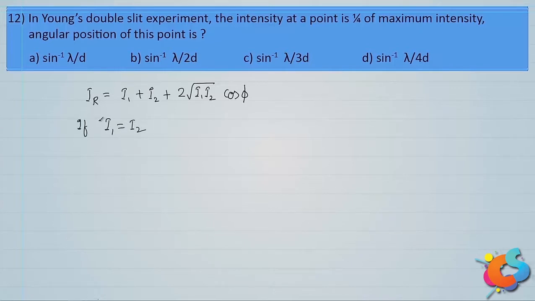That is, when the two individual intensities are equal. This is possible when the two individual amplitudes are equal, and that is possible when the two slits are of equal widths.